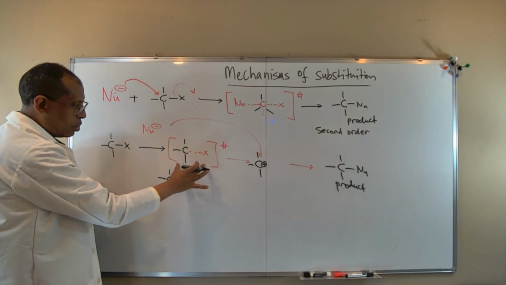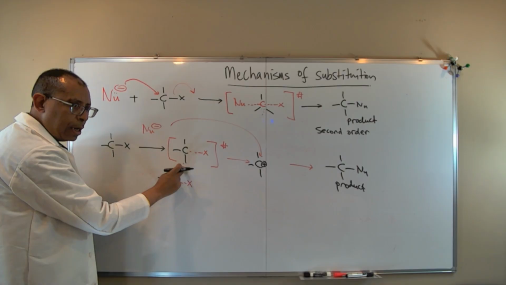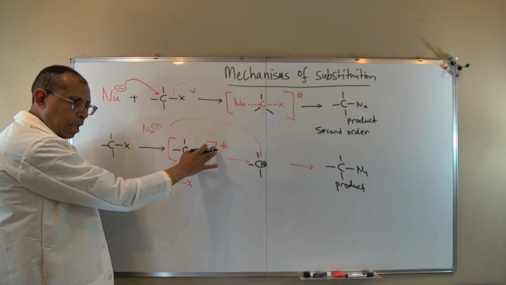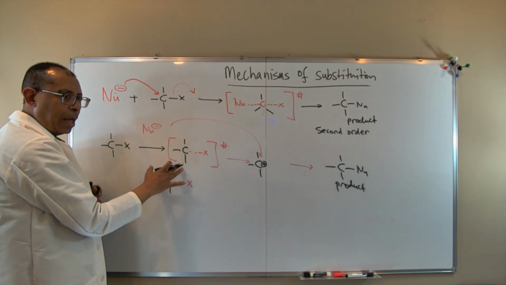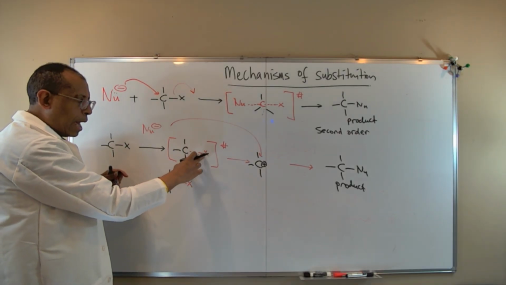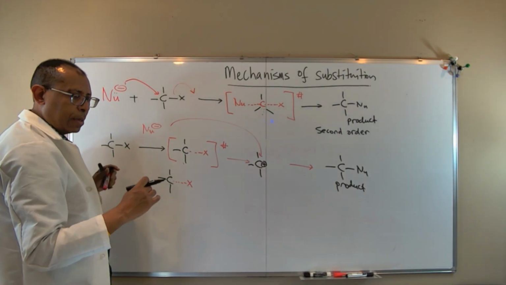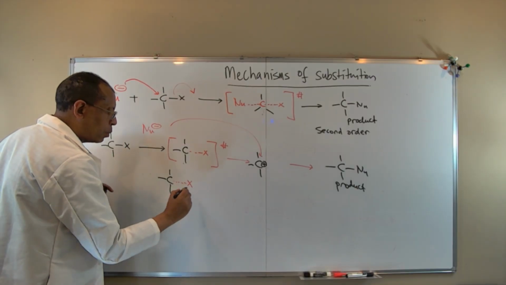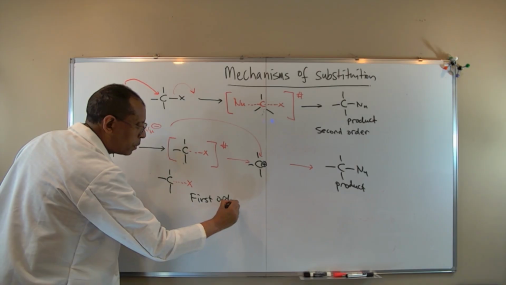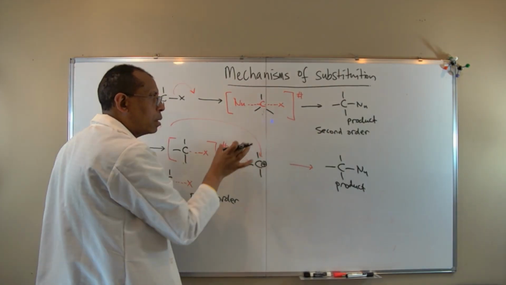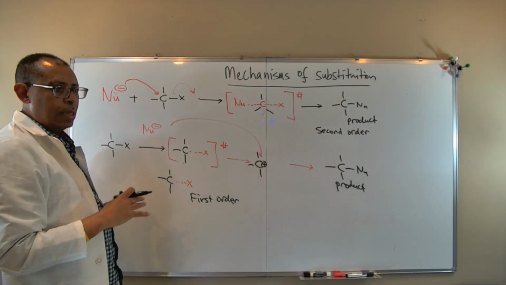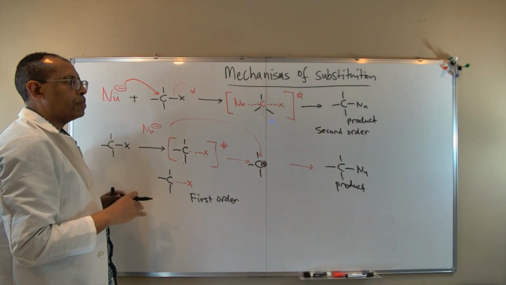In case 2, in the transition state only the alkyl halide is implicated. The highest energy transition state is only the alkyl halide bond breaking. The rate determining step is the carbon-X bond dissociating. This is a first order reaction. The other is second order, where both the alkyl halide and the nucleophile are implicated in the high energy transition state.